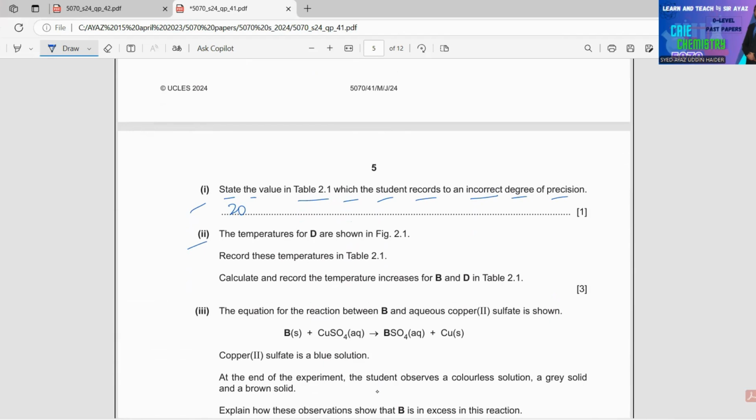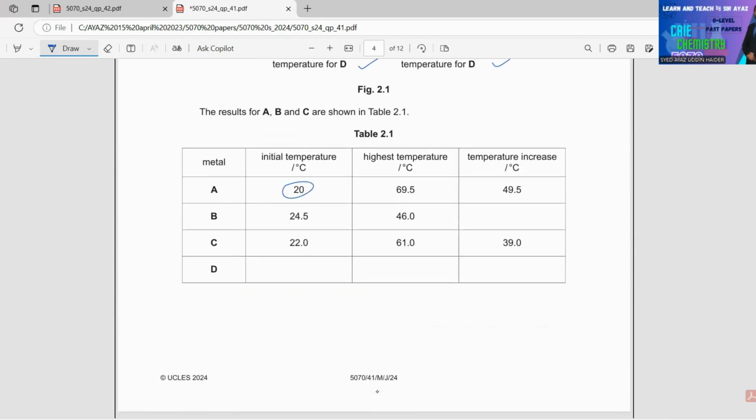The incorrect. Number 2. The temperatures for D are shown in figure 2.1. Record these temperatures in table 2.1 and calculate and record the temperature increases for B and D in table 2.1. So for B, we need to subtract 24.5 from 46. 46 minus 24.5, get 21.5 for this one. What about readings for D?